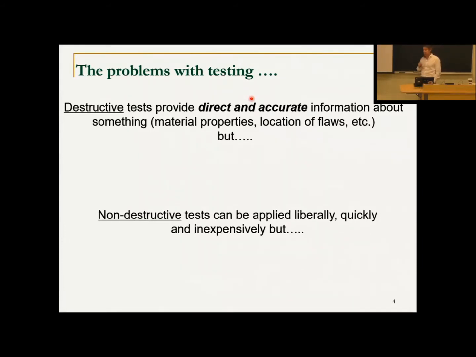So we need to know if there is cracking inside of a member. The very best way to do it is to excavate or open up that member and look with our eyes or document with a photograph the location of the flaw or the defect. So that's the very best way. It's direct and accurate, and it will convince a non-expert that we have a problem, right?